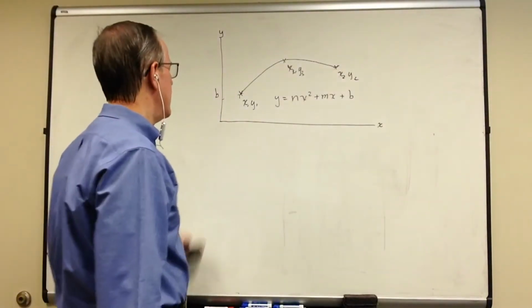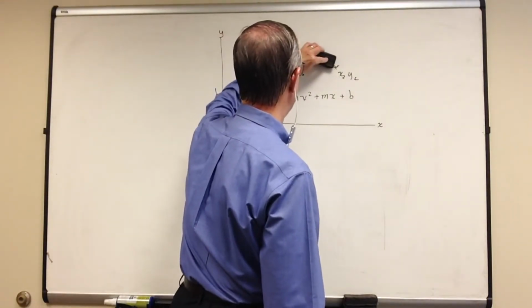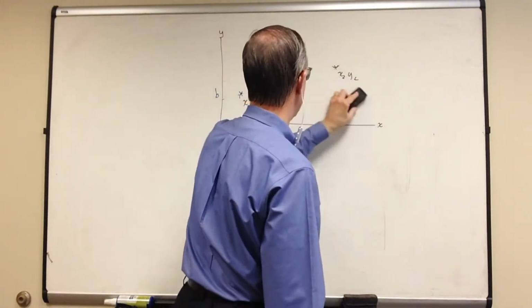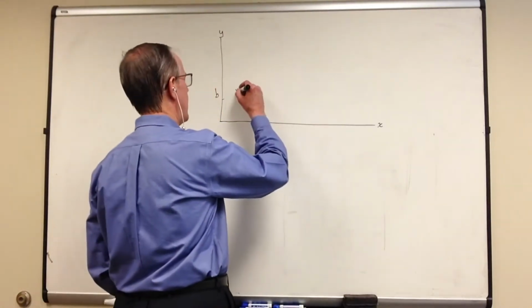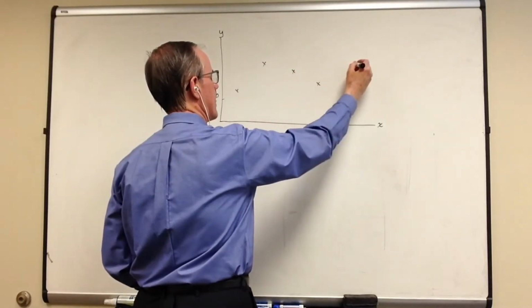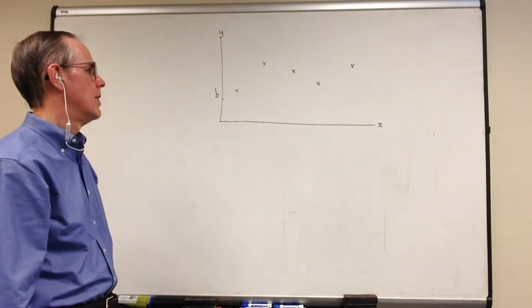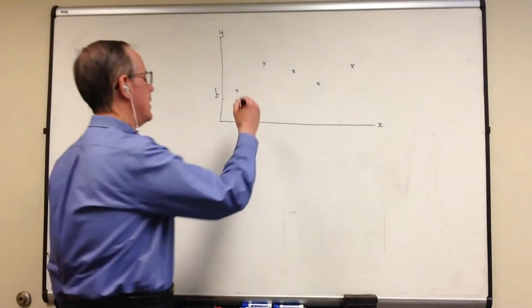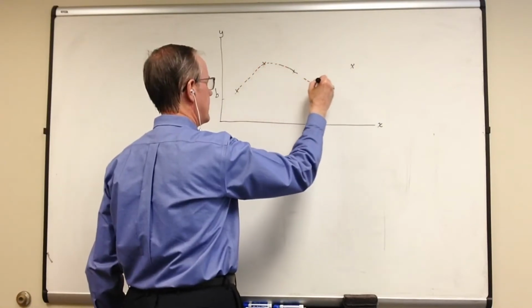One of them is this, and this is a favorite one of the students, and I've seen this over the years. Let's just forget about having 3 points. Let's say we have this number, that's 5 points. A valid interpolant, a sensible interpolant, would be one that looks like this.